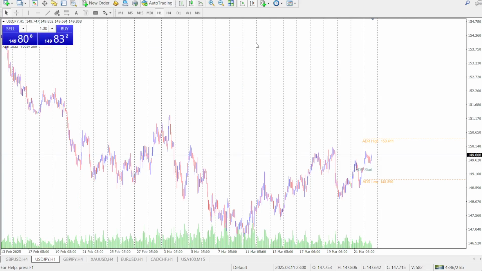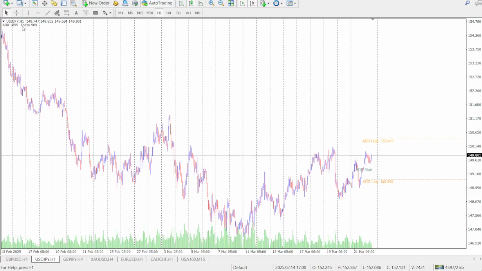The indicator plots upper and lower ADR levels as dotted lines on the chart. It also shows the ADR value and the current day's range in the top left corner.